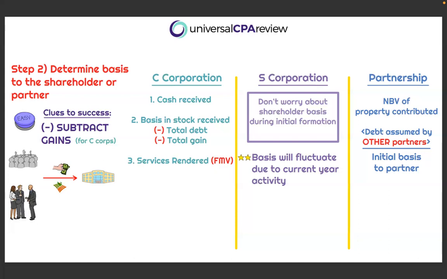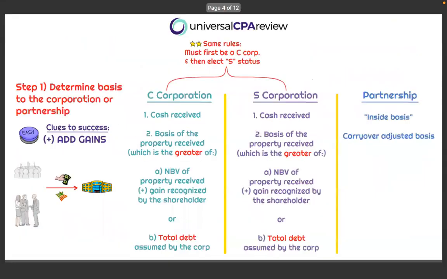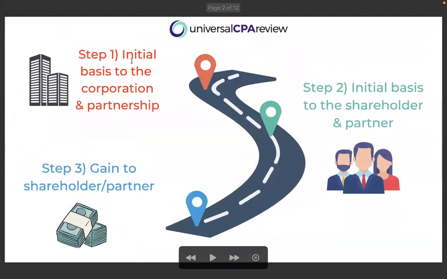And when we're thinking about partnerships, this is really where I want to zero in for all of you. When you're thinking about the 3 steps to entity formation, the 3 steps at the highest of levels are going to be initial basis to the corporation or partnership, initial basis to the shareholder or partner, and gains to the shareholder or partner.